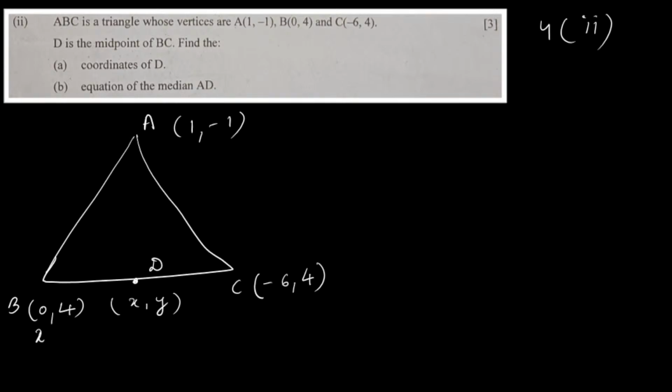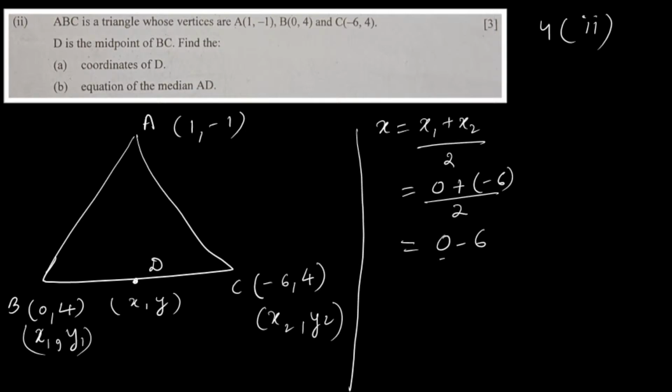We can write the coordinates because we are finding the coordinates of BC. So B's coordinates we'll write as x1, y1 and C's coordinates as x2, y2. D's coordinates are x, y. So by the midpoint formula, x is equal to x1 plus x2 by 2. So x1 is 0 plus x2 is minus 6, by 2. Plus minus is minus.